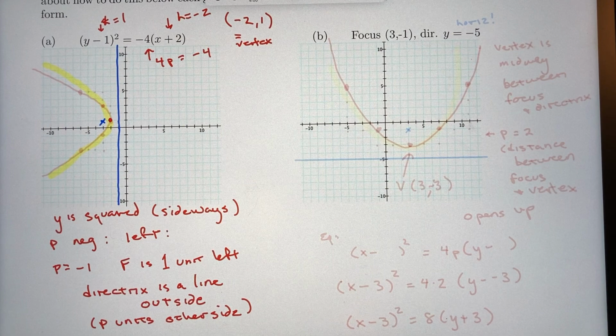Okay, so to get the 2 points, we go to the level of the focus, and we plot 2p up and 1p over, and 2p down and 1p over.